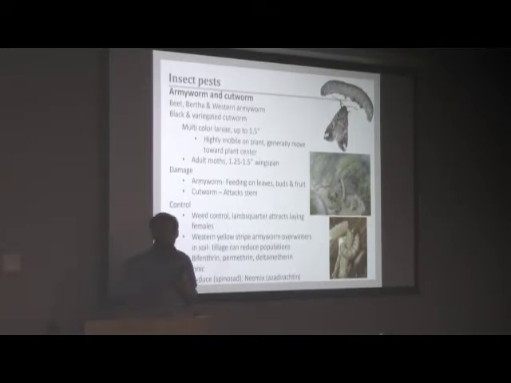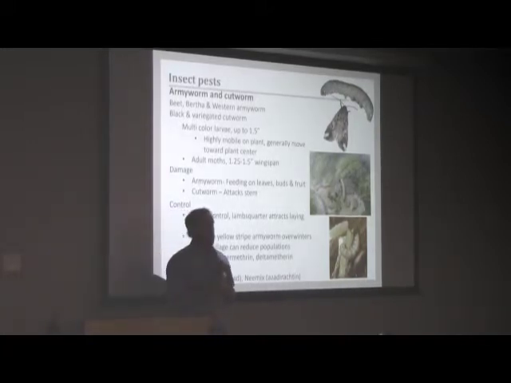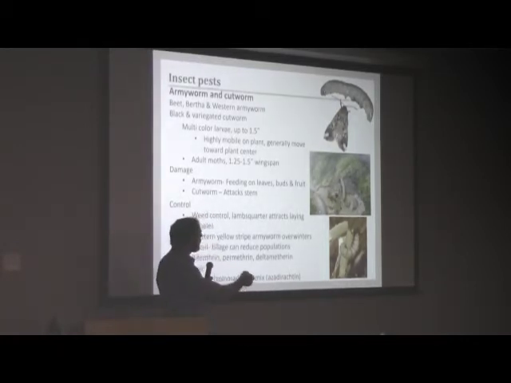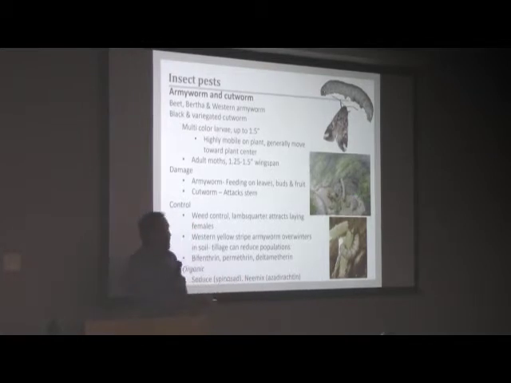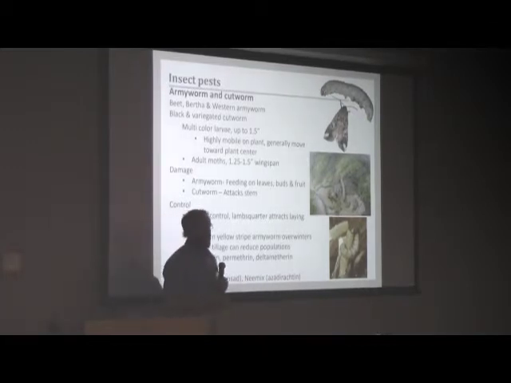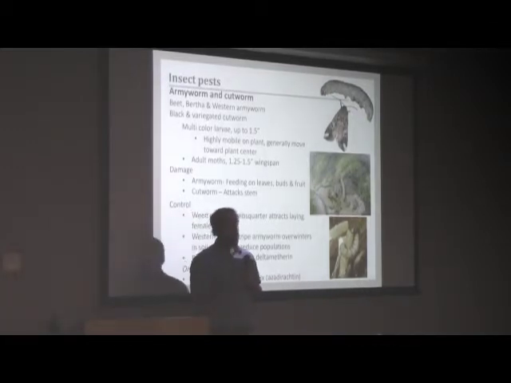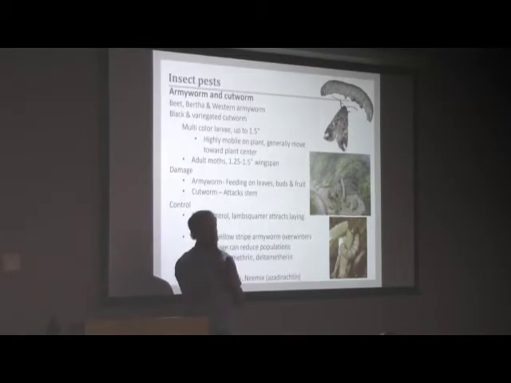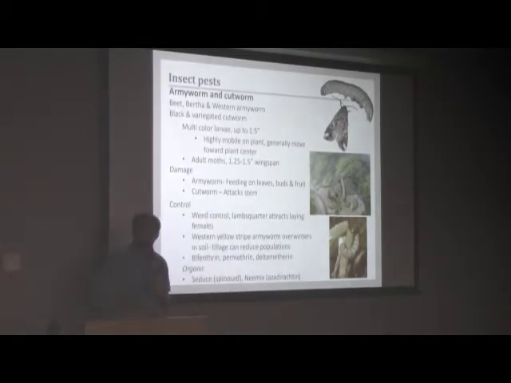The cutworm or armyworm will generally feed on the leaves and the buds. However, there have been some reports of them gnawing on the fruit, as we see here. I haven't seen that, but it happened somewhere, since there's a picture of it. The cutworm will generally go for the stems, similar to the ants, and just lop off the stem, and then you'll see a wilted plant.